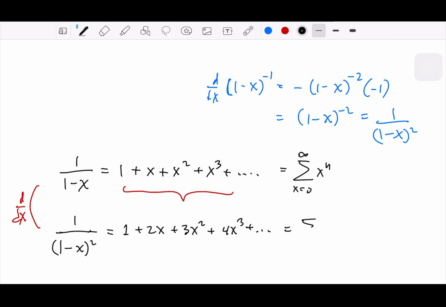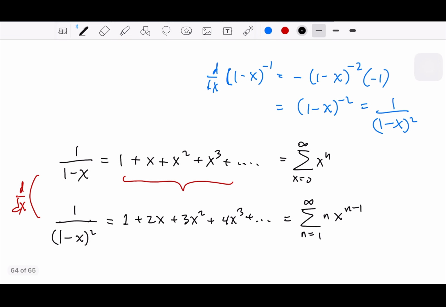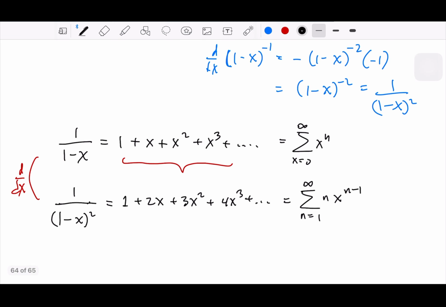So this becomes the sum of n x to the power of n minus 1. And then we can utilize either derivative or integral. So if we think integral, probably we have the ln form.